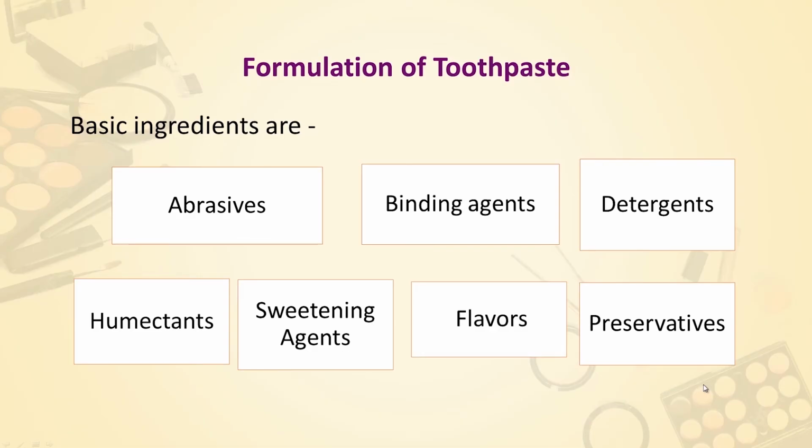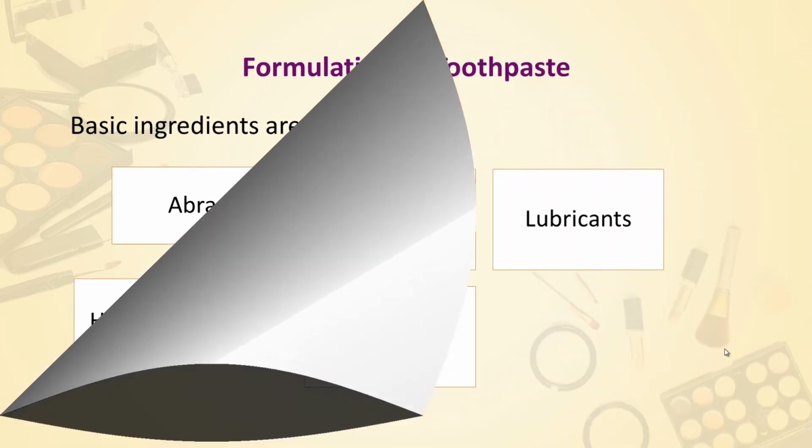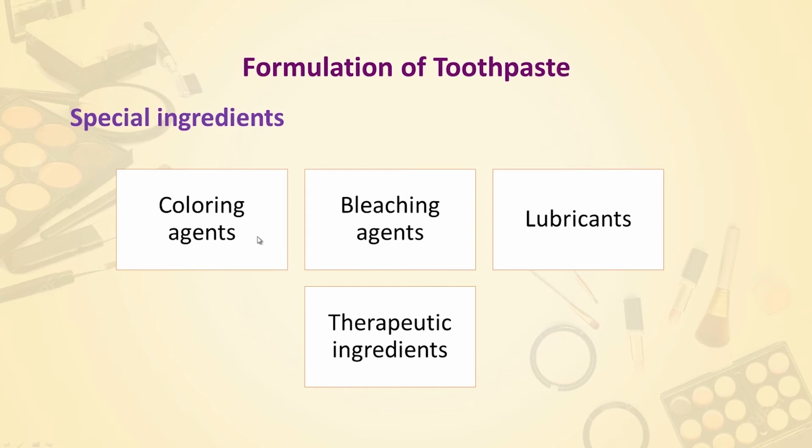Now, moving to the formulation of toothpaste. The raw materials used for manufacturing toothpaste are abrasives, binding agents, detergents, humectants, sweetening agents, flavors, preservatives, and a few special types of ingredients like coloring agents, bleaching agents, lubricants, and therapeutic ingredients.